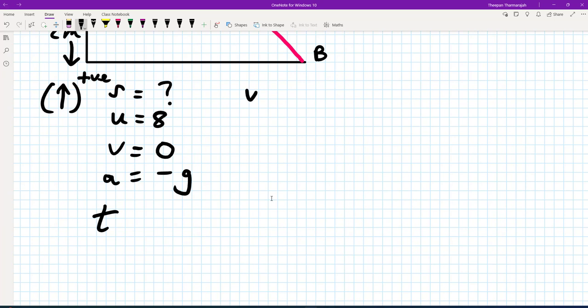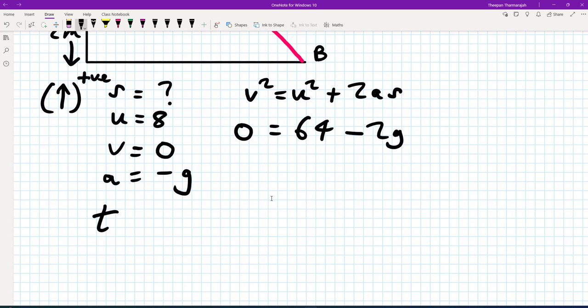So the suvat equation we're going to use is v squared is u squared plus 2as. So we can say that 0 squared, which is 0, equals 64, which is 8 squared, minus 2gs. So 2gs is equal to 64.